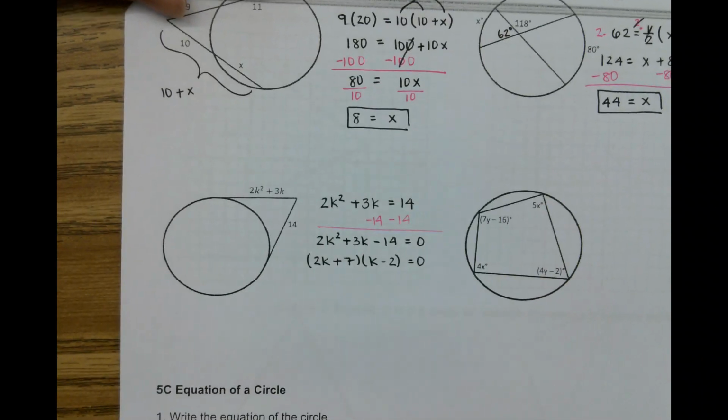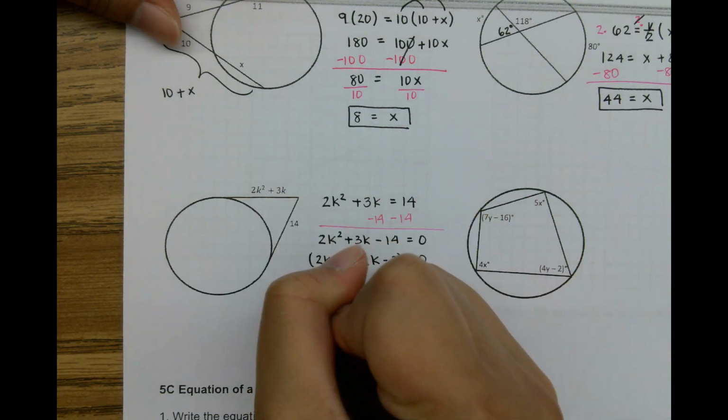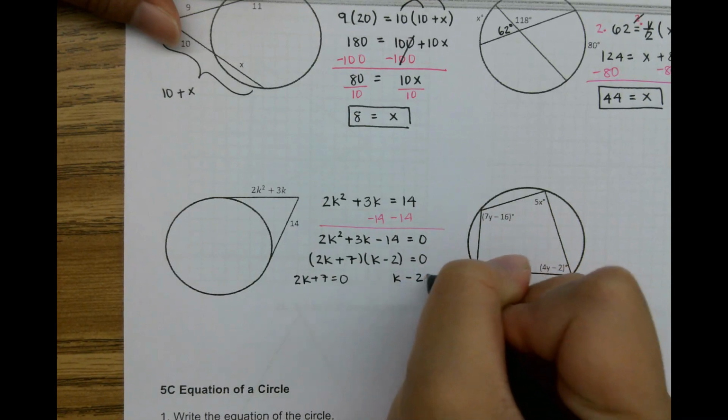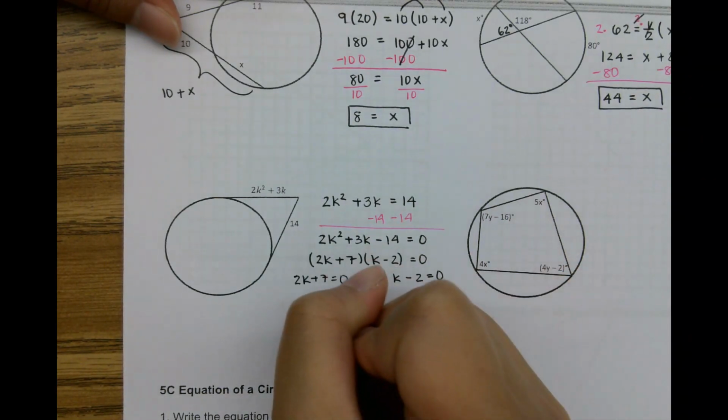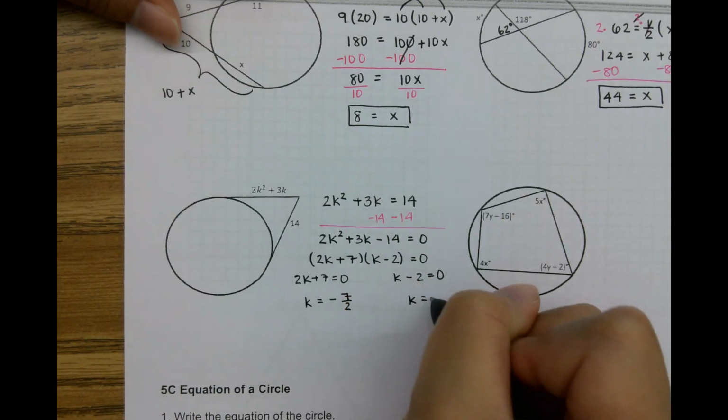Then, set each equal to 0. So 2k plus 7 equals 0. k minus 2 equals 0. When I solve it, this gives me negative 7 halves. This one gives me 2.